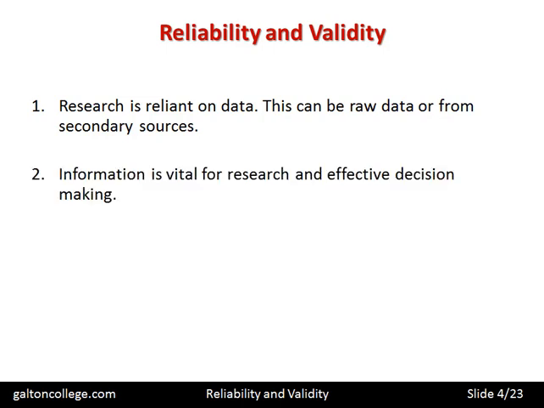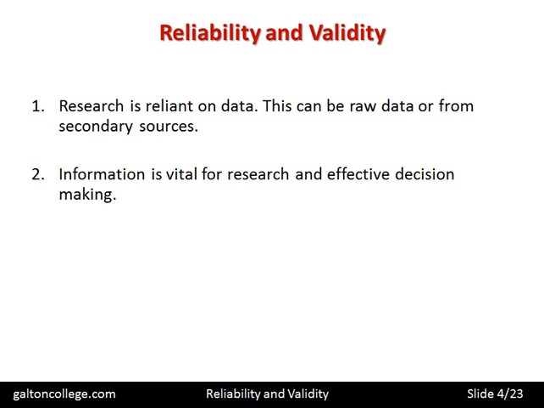Information is vital for research and effective decision making. Information is different from data. Information is, if you like, processed data. Information is useful. Data is just unprocessed. It doesn't have an informative content. It may be just numbers, facts, figures.